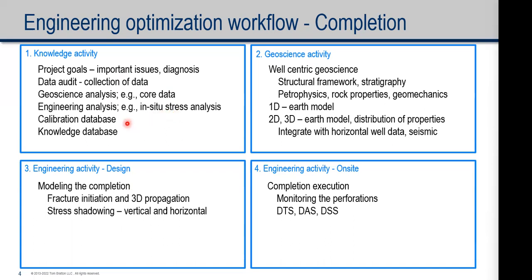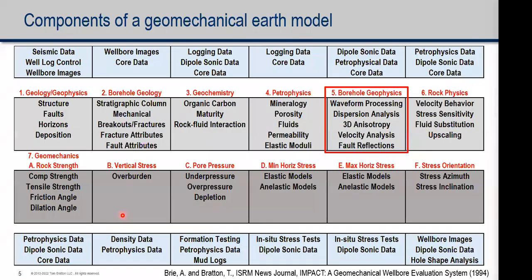You do this to build your calibration database. And in some sense, you build up a knowledge database. But this is critically important. And you do this first because this is really going to be how you judge your geoscience and how you judge your engineering. Does it make sense in terms of what I already know?